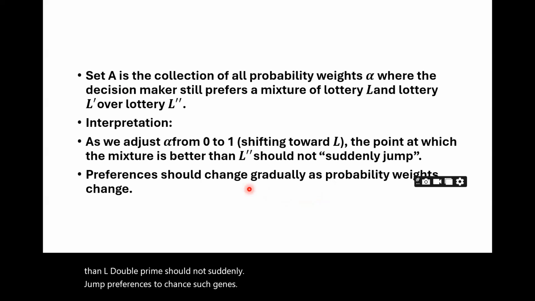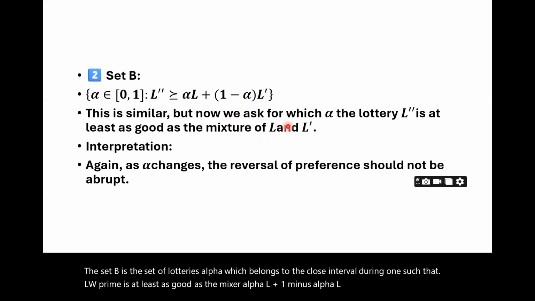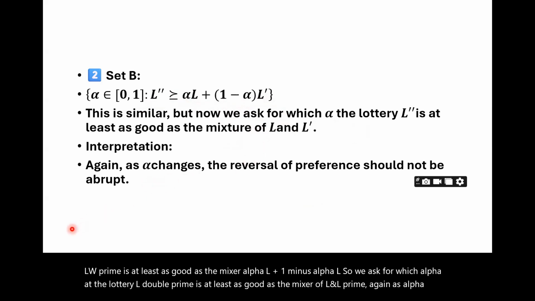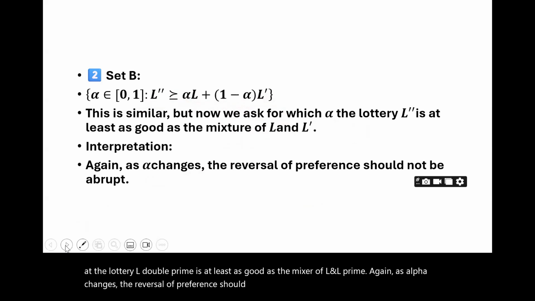Preferences should change gradually as probability weights change. So we ask for which alpha the lottery L double prime is at least as good as the mixture of L and L prime. Again, as alpha changes, the reversal of preference should not be abrupt.